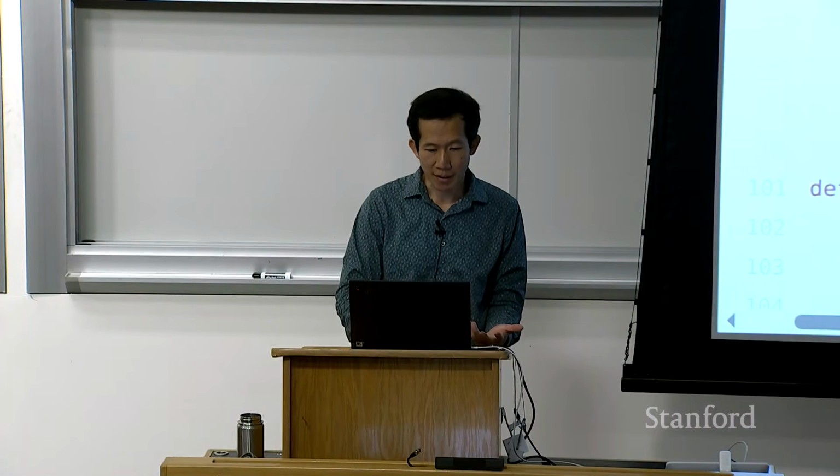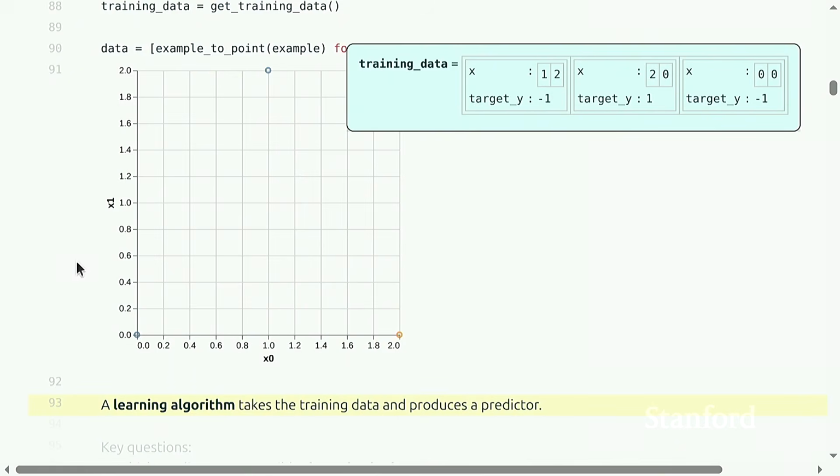And a learning algorithm is going to take this training data and produce a predictor. And remember, what is a predictor? It's a function that maps input to output, for classification represented as a decision boundary. So effectively, I want to figure out a predictor, or equivalently a decision boundary, that cuts up the space into positives and negatives.